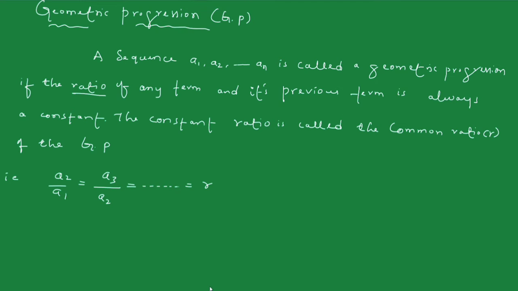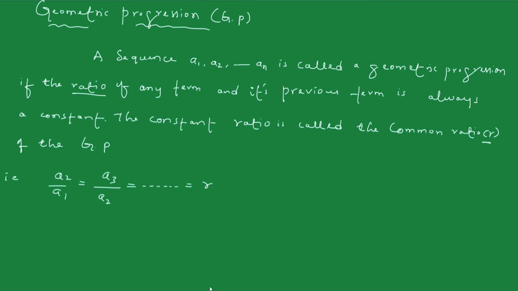But in arithmetic progression, there is a constant difference between any term and its previous term, right? Here, the ratio of any term and its previous term is always constant. The constant ratio is called the common ratio, denoted by small r, of a GP. So A2 by A1, which is equal to A3 by A2, equal to A4 by A3, and so on, is equal to r.